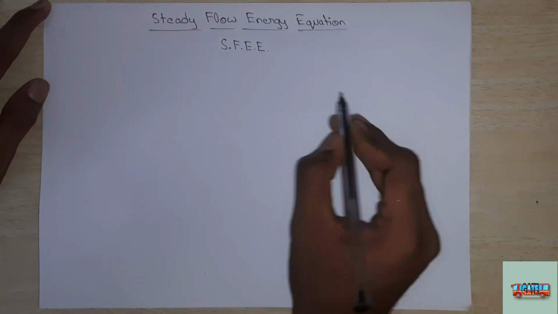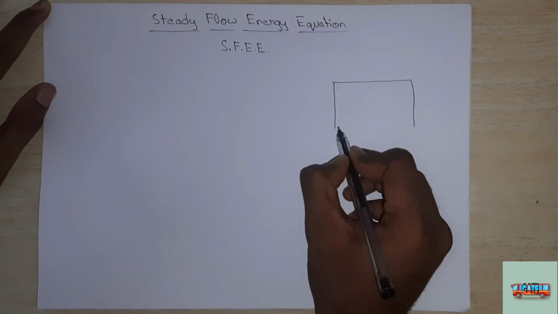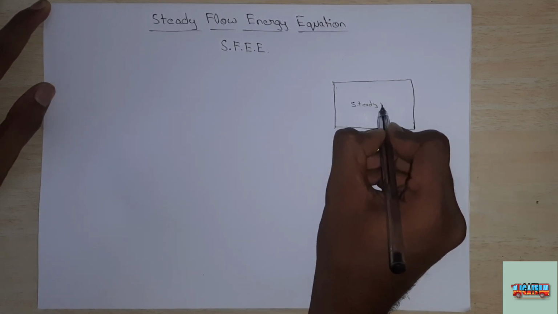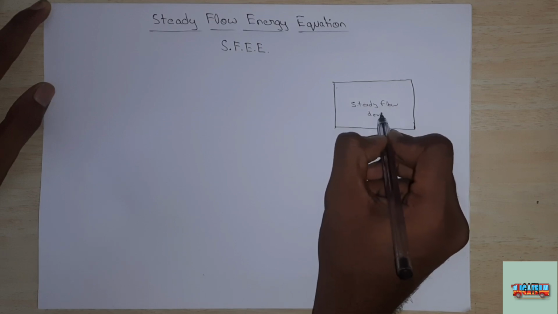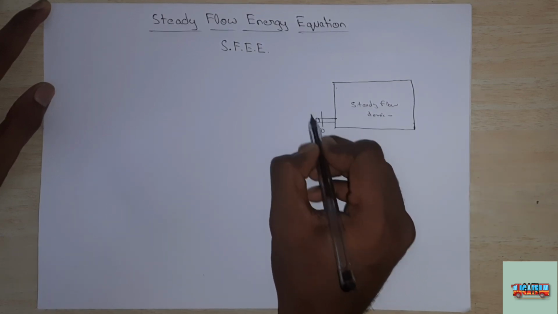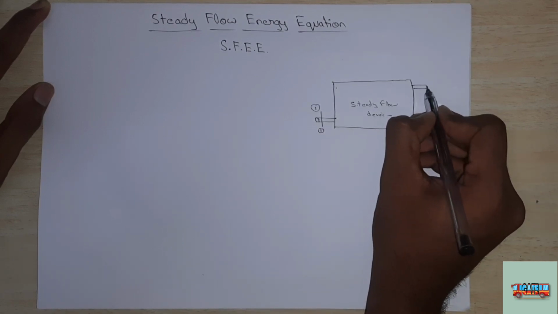So let's take a steady flow device. This is a steady flow device. This is the inlet valve and this is the outlet valve.